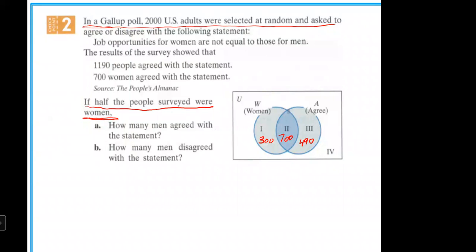No. So we would have to find the persons that didn't agree. So how are we going to do that? We would add together all the persons in the regions, and then subtract the total. All those would add up to 1,490. Then we would subtract that from 2,000, and we would get 510. Okay, so right here you should have 510.